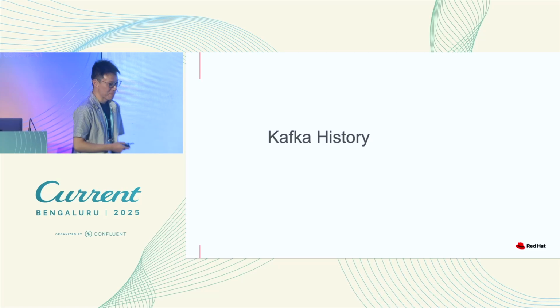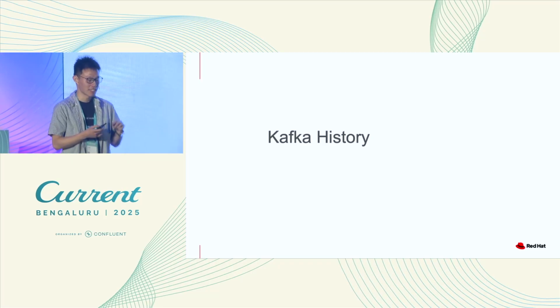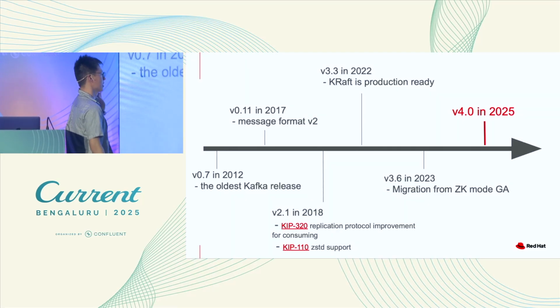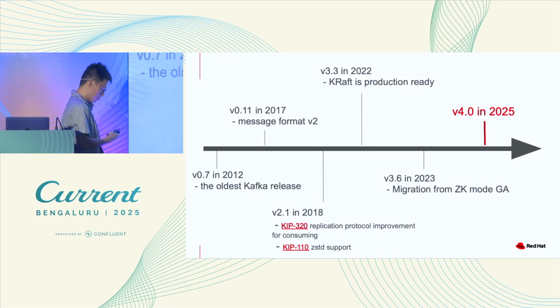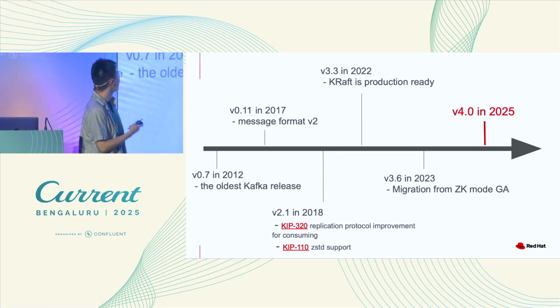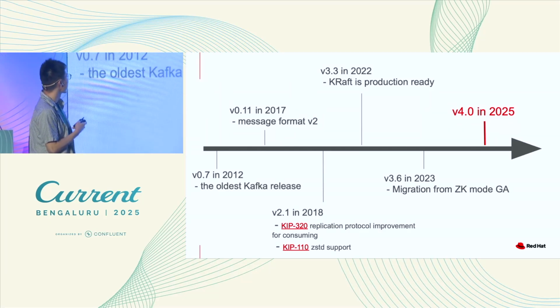OK. Let's take a look at a brief diagram of Kafka history. We can take a look at the left-hand side. 0.7 is the oldest Kafka release I can find in Apache Kafka. And then 0.11, we introduced message format 2.